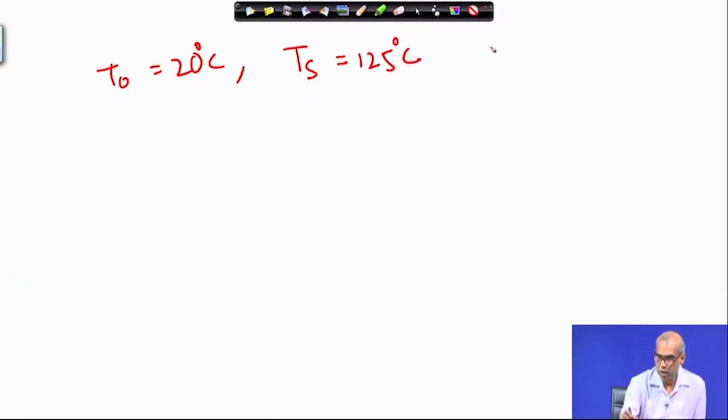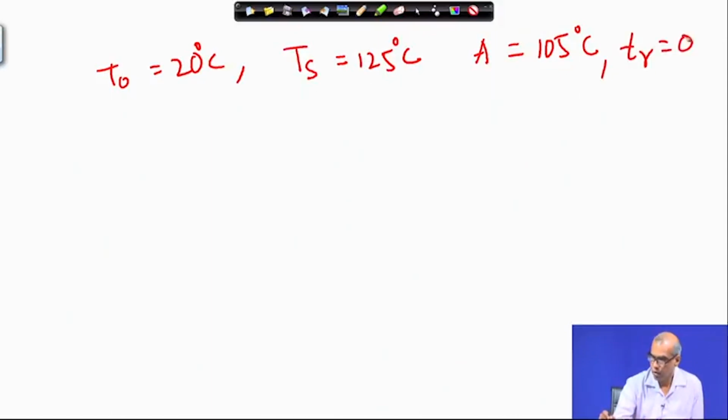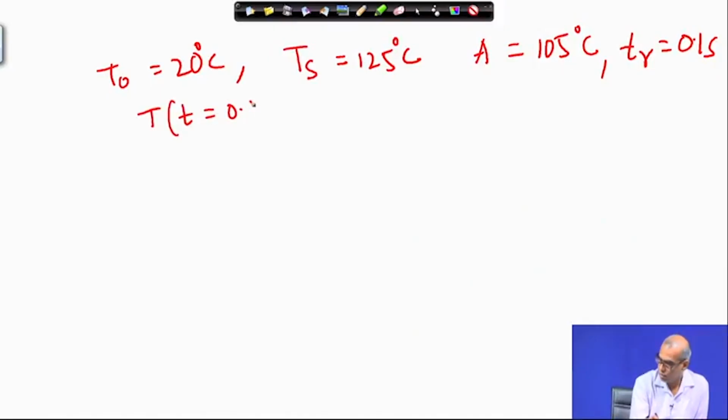So, magnitude of step, if I call it A, is 105 degrees Celsius. So, 125 minus 20. Rise time is given as 0.1 second. I have to find out the response at 0.05 second, how much it is.